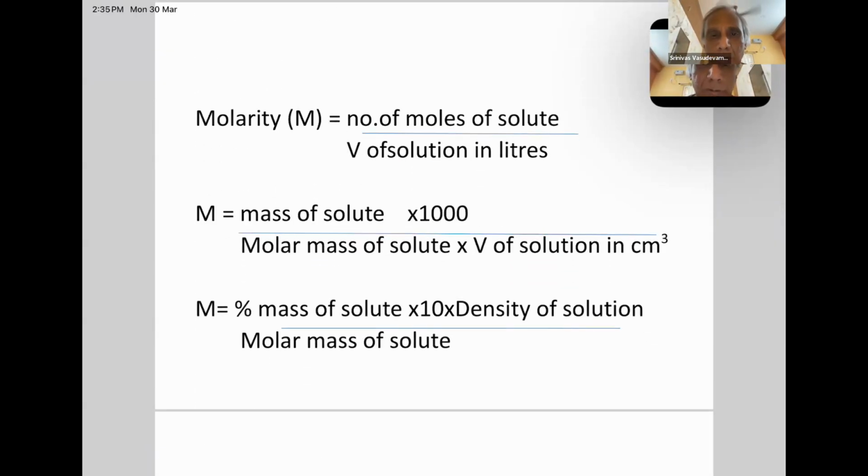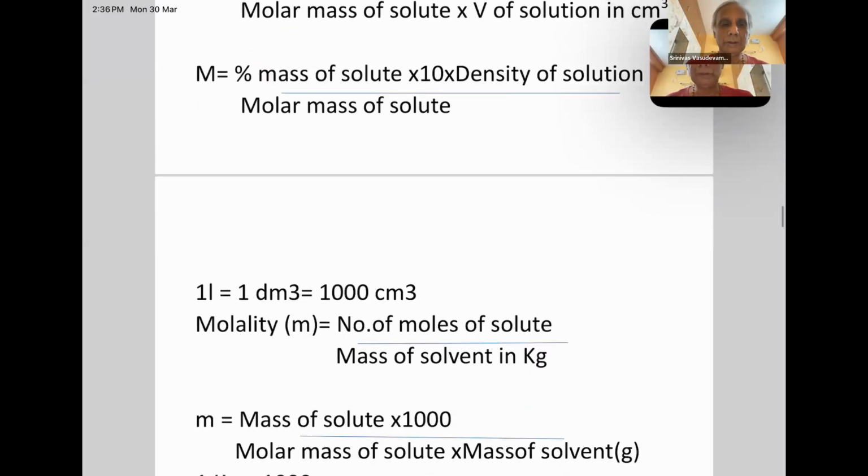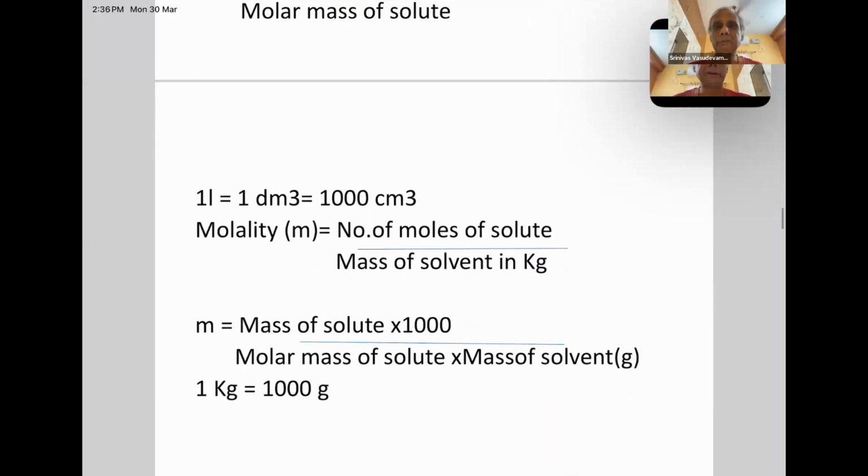Molarity: number of moles of solute divided by volume of solution in decimeter cube or liter. Or mass of solute divided by molecular mass of solute into 1000 by volume of solution in centimeter cube. Or molarity is equal to percentage mass of solute divided by molecular mass of solute into 10 into density of solution. 1 liter equals 1 decimeter cube, which is equal to 1000 centimeter cube.